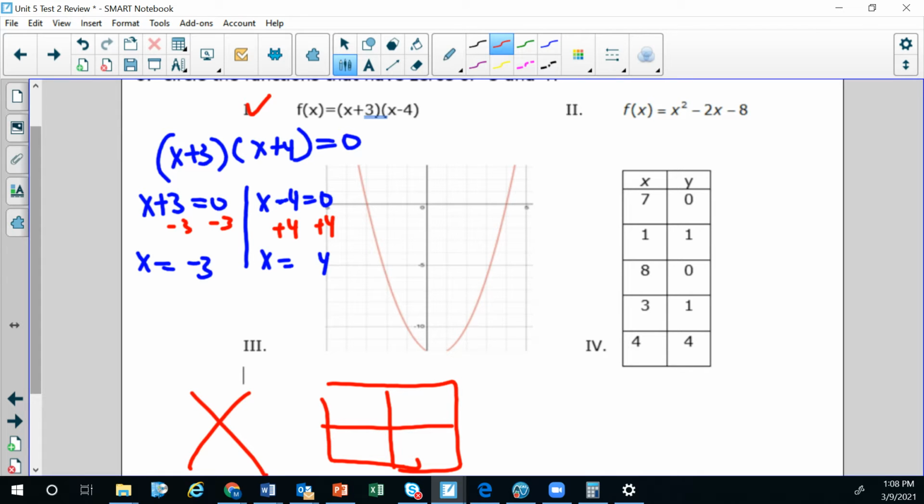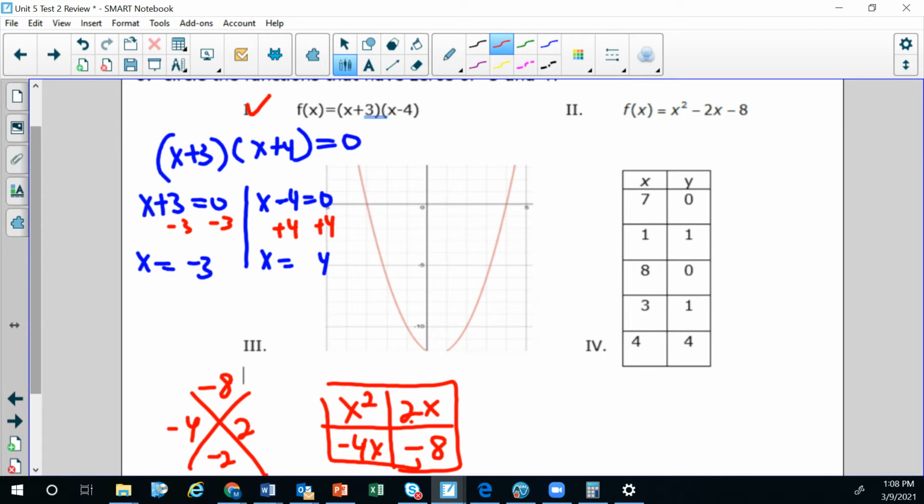So the first term gets x squared. The last term gets -8. And I need to find these two corner boxes. My top number is going to be -8, and my bottom number is going to be -2. So what two numbers, when I add them, give me -2, but when I multiply them, give me -8? That is going to be -4 and 2. So this becomes -4x, and this becomes 2x.